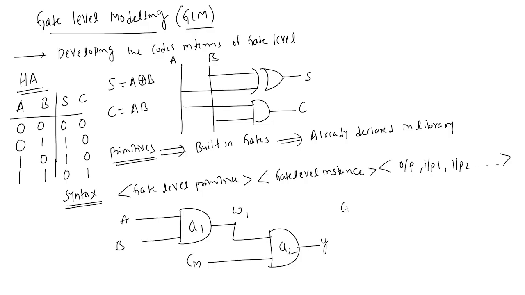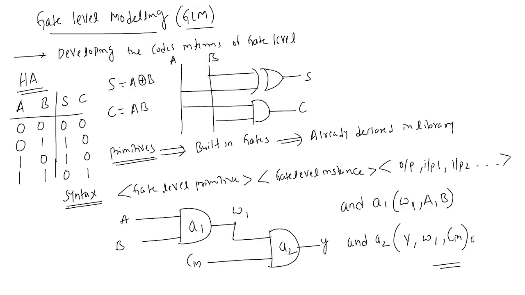To write the gate level primitive, it is and, then the instance name a1, and the output w1, comma, inputs a comma b. This one is also an AND gate: and a2 followed by y, w1 and cin. Like this you need to write. Is it fine?